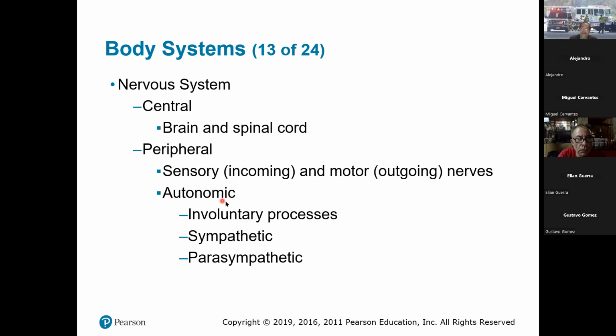Autonomic basically means automatic. You have involuntary processes, sympathetic and parasympathetic. Now, right now, since the intercostal muscles and the diaphragm are working, are you concentrating on telling them, breathe, breathe, breathe?